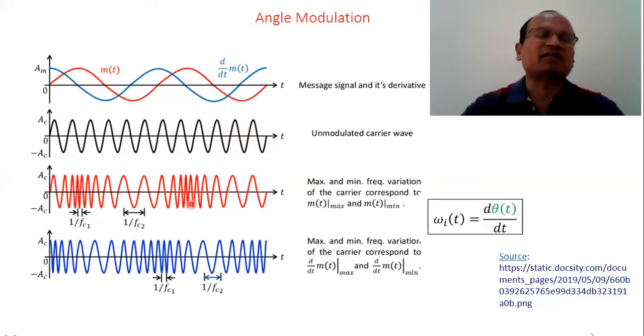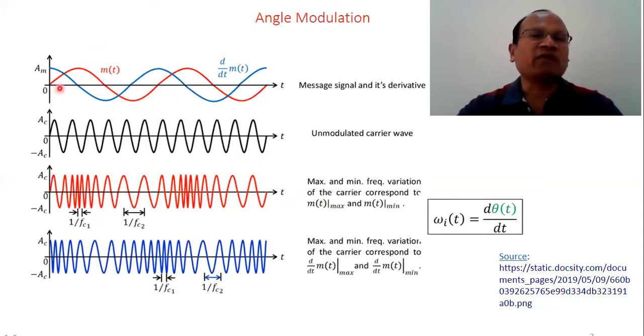Now look at the third one, which is very interesting, that is the red color. Why is it shown in red color? See, the red color is m(t), and the maximum and minimum frequency variation of the carrier depends on the maximum change and the minimum change in the modulating signal.